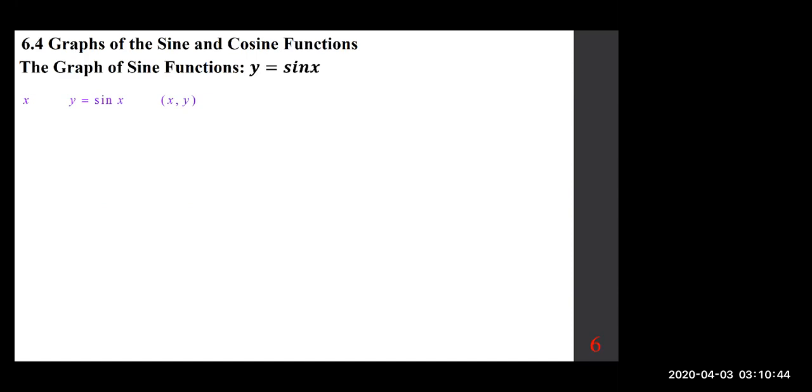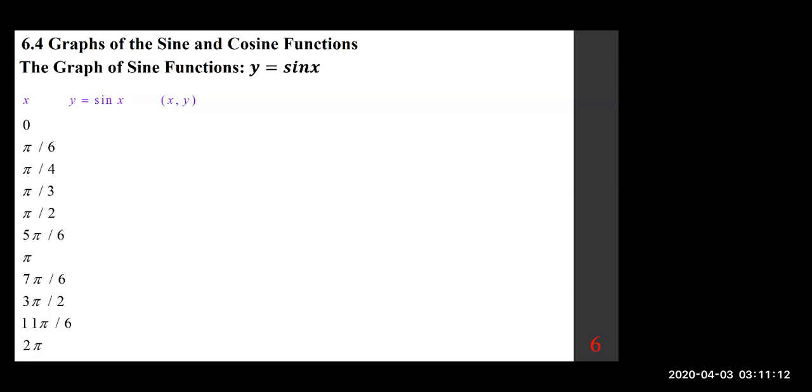So for example, if we put 0 to pi over 2, a bunch of numbers, for example, pi over 6, pi over 4, pi over 3, and pi over 2. That would be for the first quadrant. In the second quadrant, from pi over 2 to pi, we can pick something in between. We don't have to pick all of them. We can pick 5 pi over 6 or 2 pi over 3, or you name it.